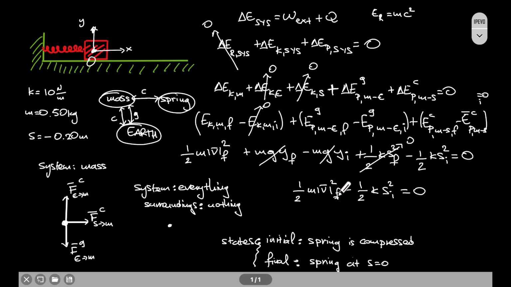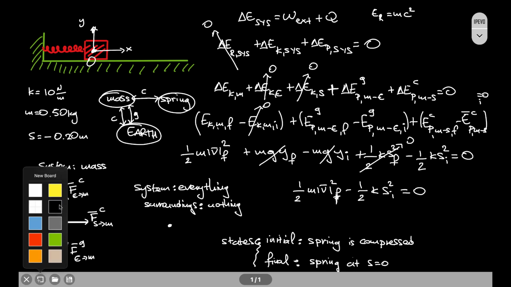Now, as I said before, what I'm looking for is the final speed. So I need to solve for v. I'm running out of space, so let's add one more blackboard. I'm gonna repeat what I had: 1/2 m v final squared minus 1/2 k s initial squared.